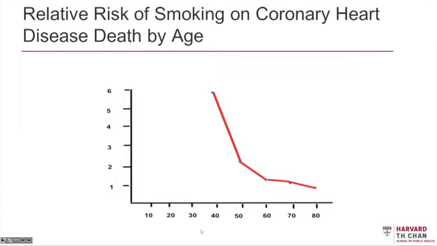Let me give you an example to show that this isn't just a theoretical concept, right? Most of you probably think that heat and humidity is sort of worse, so you probably do believe there could be an interaction. But if I look at the relative risk of current smoking on coronary heart disease death versus age, it looks like that.